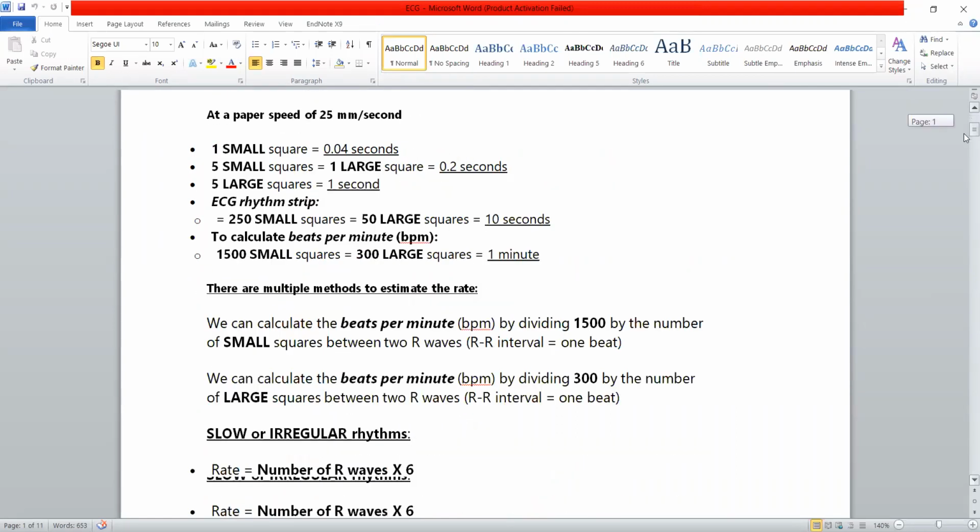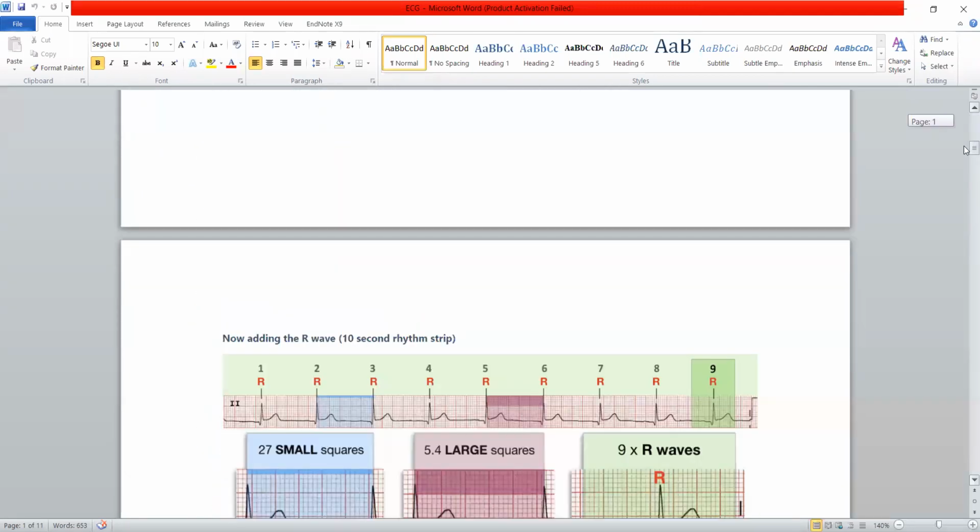So how to calculate rate from ECG? It's very simple. There are 3 methods to calculate the rate. Either we count the large squares between two consecutive R waves, or we calculate the large boxes in the RR interval, such as in this case. How many large boxes are present between this R and this R?